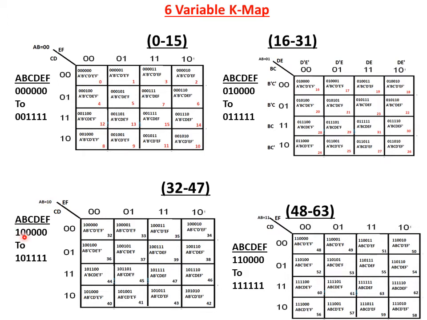Now 1, 1 for 48 to 63. The equivalent min terms, binary representation, and decimal are here for each cell.